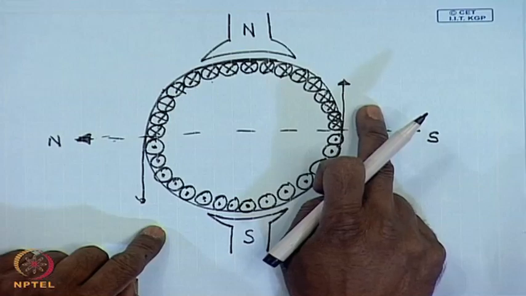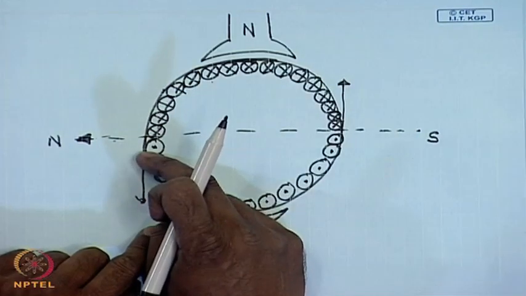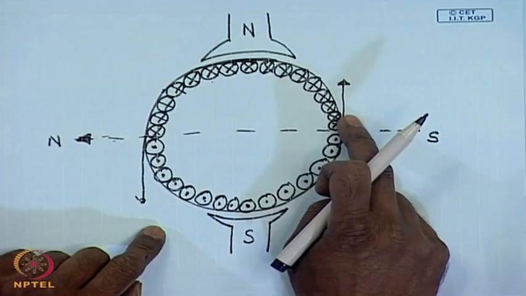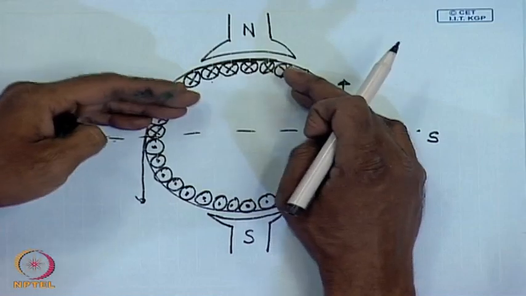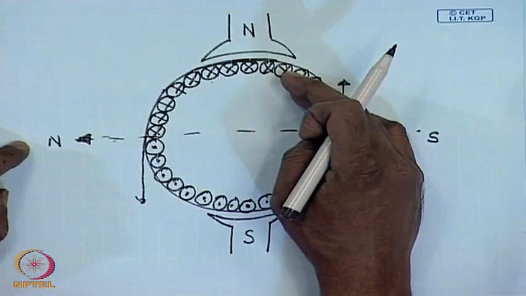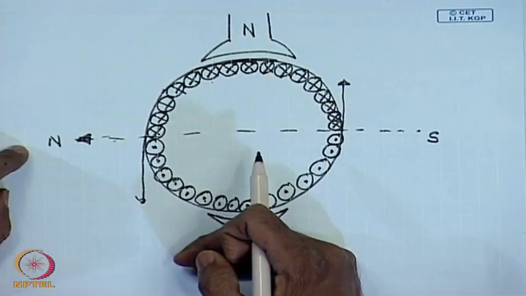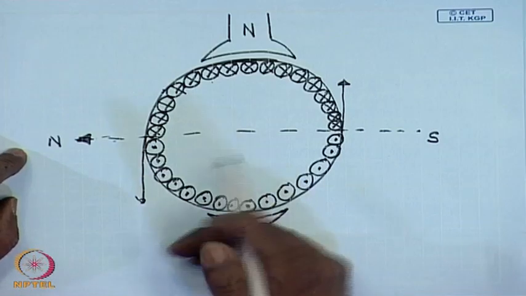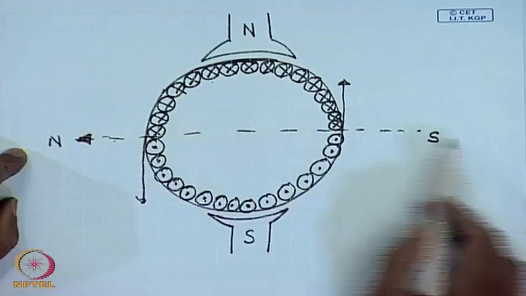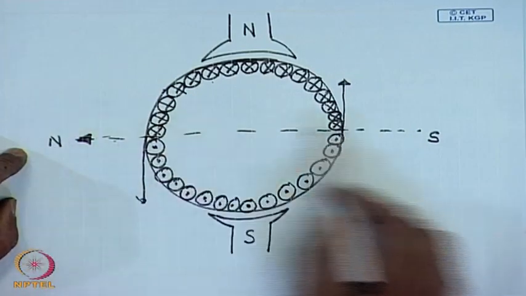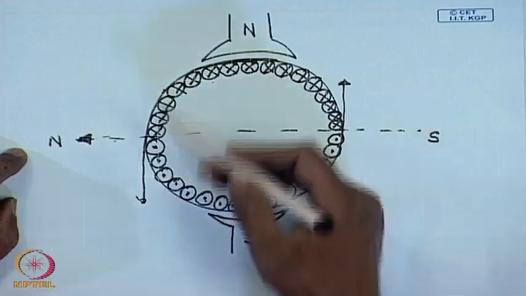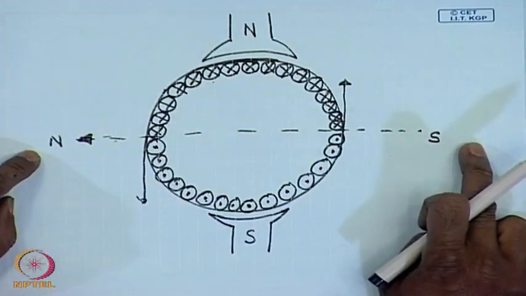Then when it undergoes commutation, this becomes a dot and this becomes a cross, so that all the conductors on the top side remain of cross polarity, while all the conductors on the bottom side maintain dot polarity, and hence the overall picture and the position of the distribution of the magnetic flux produced by the armature winding does not change.